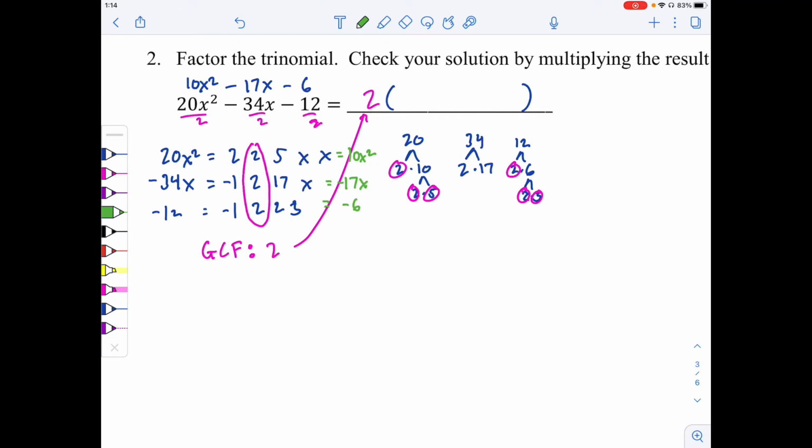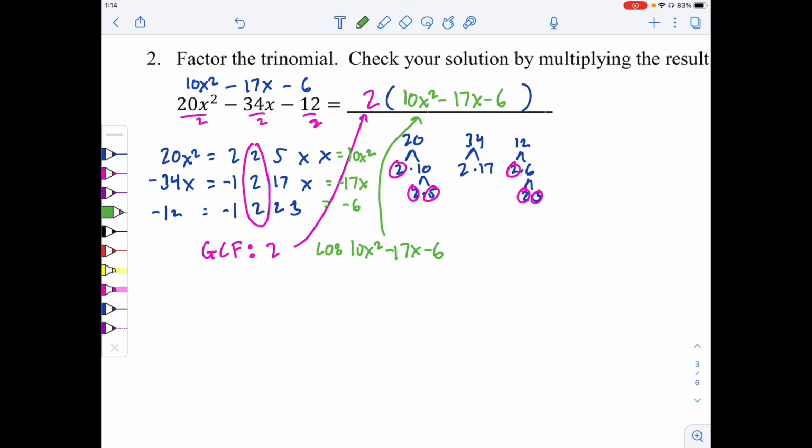All right, so our leftovers, 10x squared minus 17x minus 6, go into our parentheses right there. Right, but we're not done yet. Why? Because we have to factor again. If we can factor that parentheses, we got to do it.